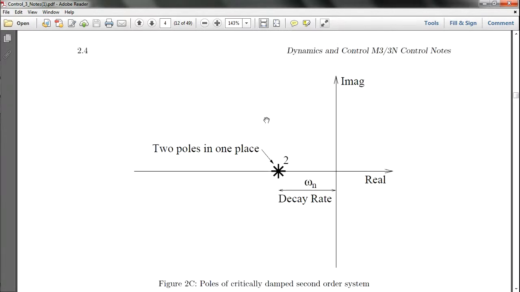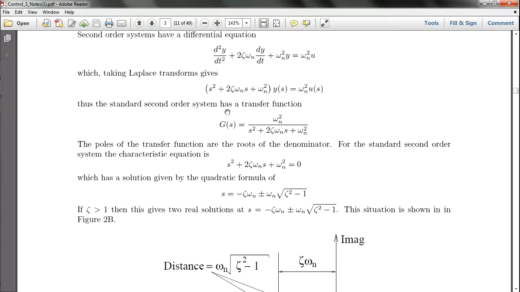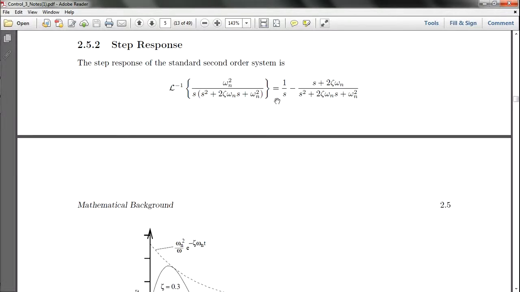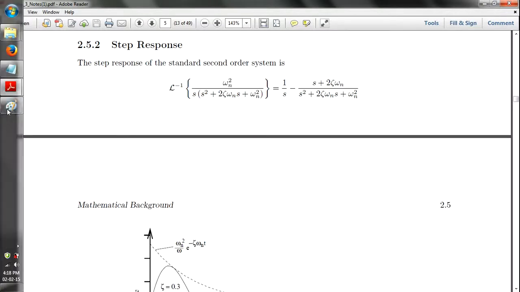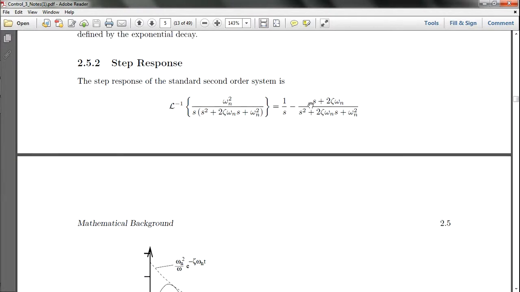our transfer function, as you know, for second order, is this long chunk over here. In order to get the step response, you have to multiply with 1 over s. When you multiply 1 over s into this equation, you'll get this equation.